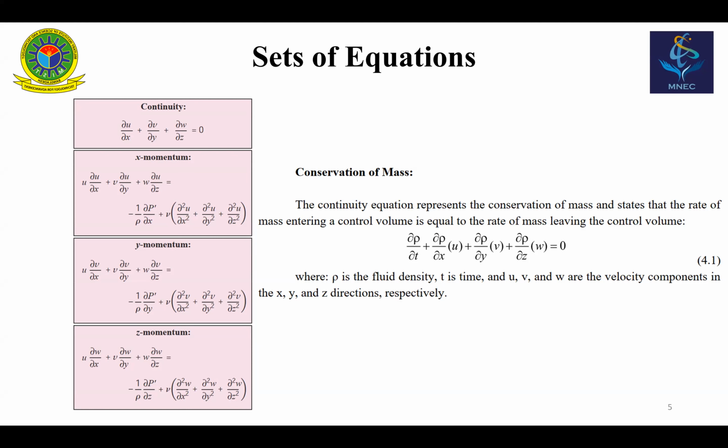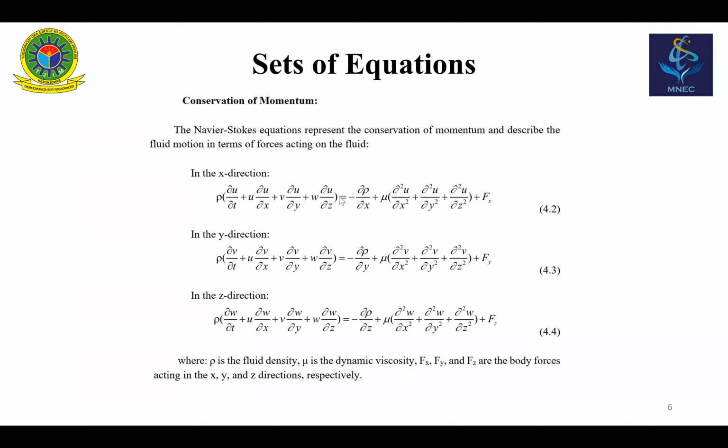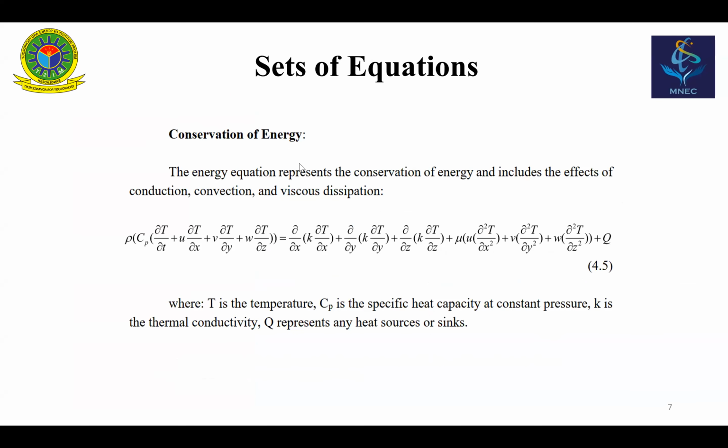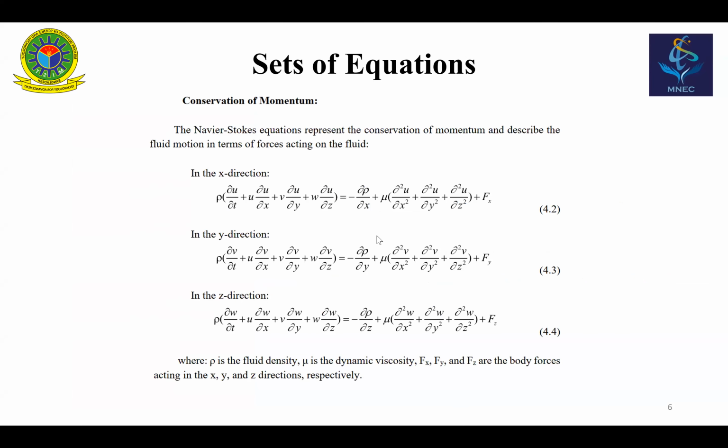You can see that they are not quite easy to solve, and they are partial differential equations. These equations are responsible for laminar flow, and these other equations are responsible for turbulent flows.